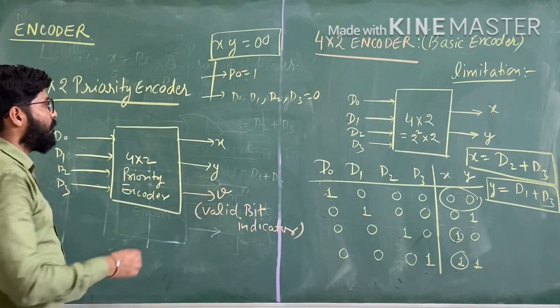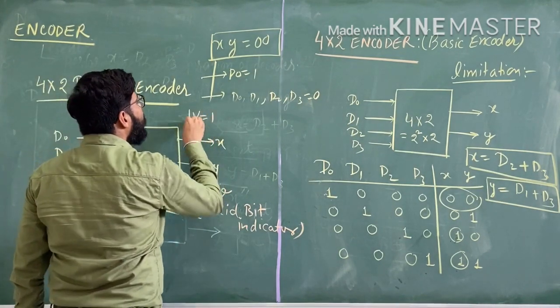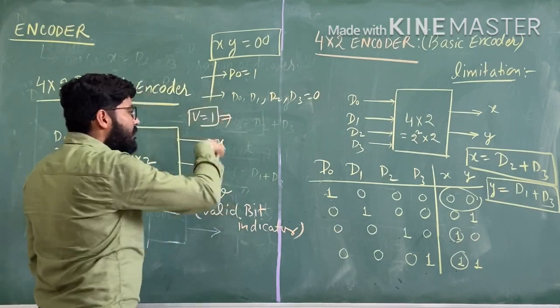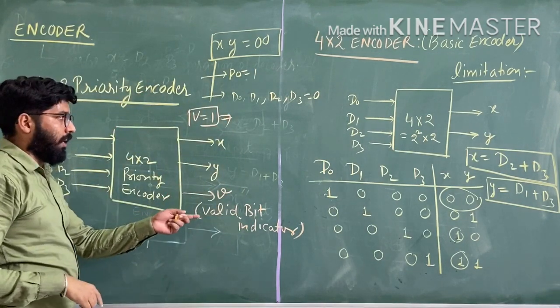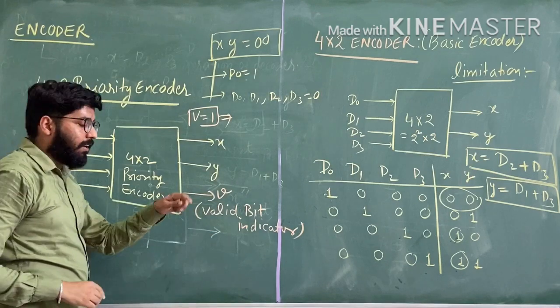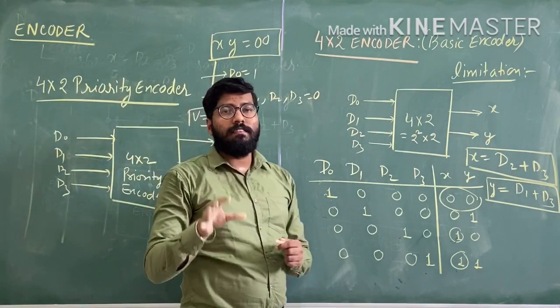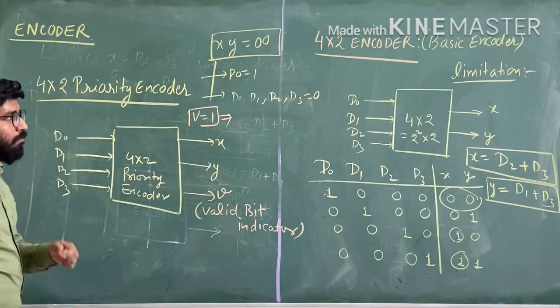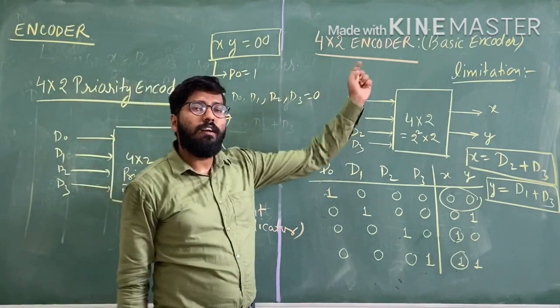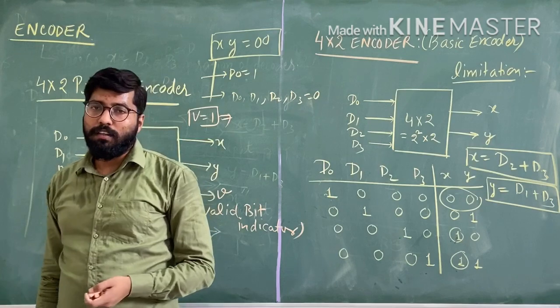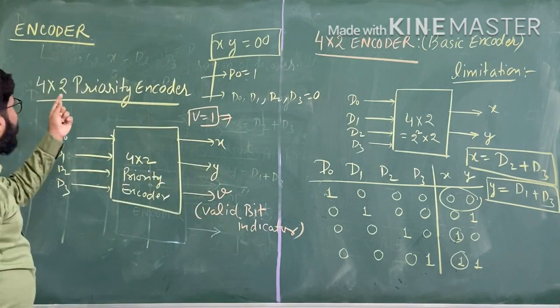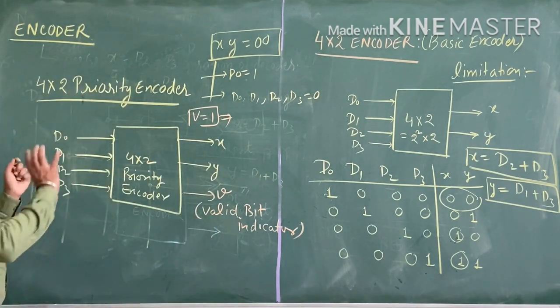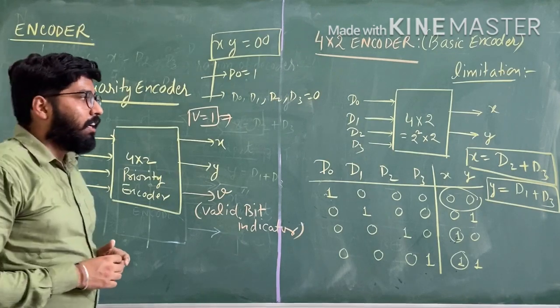If V is 1, this is a valid output. If V equals 0, we recognize that this is an invalid output. In this way, we resolve the problem that happens in the 4x2 basic encoder, which can be resolved by the priority encoder. So this is about the encoder topic.